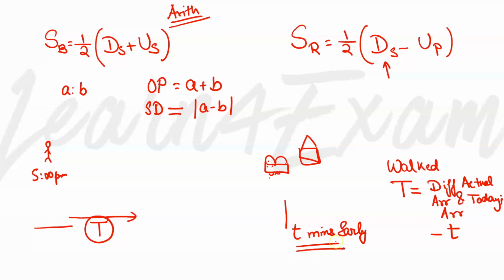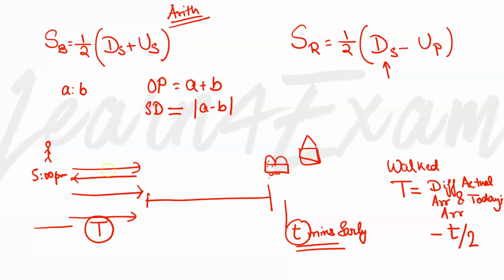The time by which the person reached his home early. This is the formula for this question. It's essentially t by 2. I'm sorry, t minutes early, so it would be t by 2. What is the concept behind this? Whatever time I'm walking, the driver is saving this much time while going and coming back, so twice that amount. That is the reason we are using t by 2.